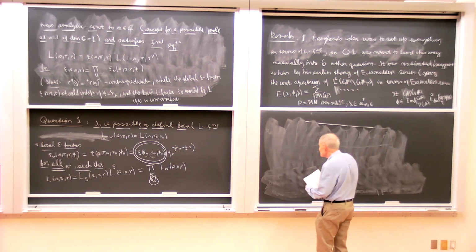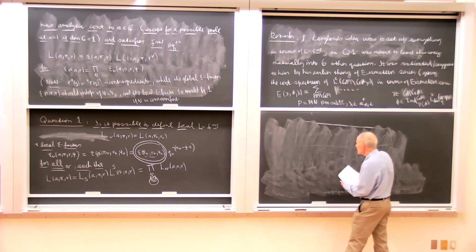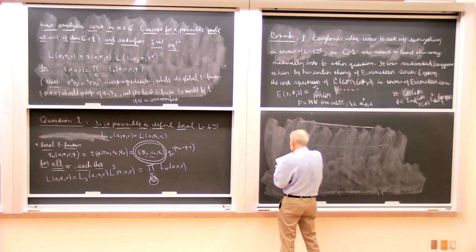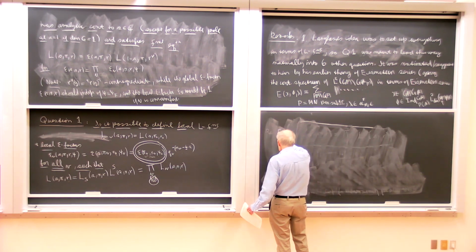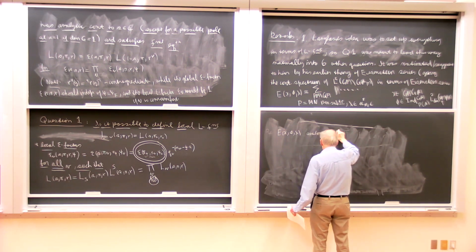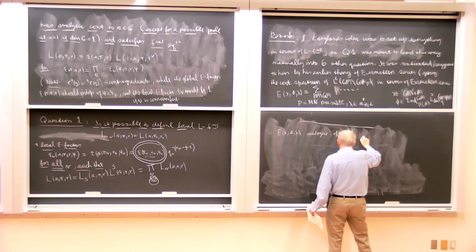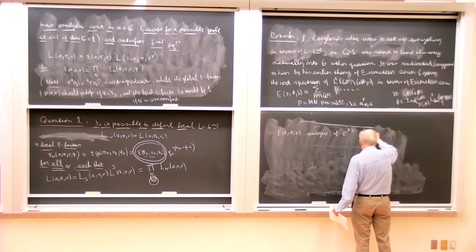A couple of things to say: E of x, phi, and lambda is the analog of e to the x lambda in Fourier transforms.